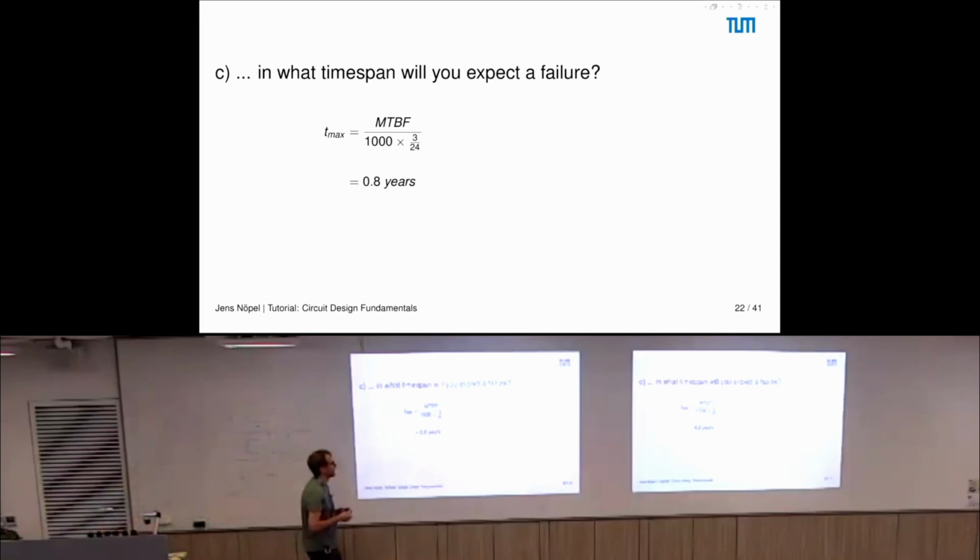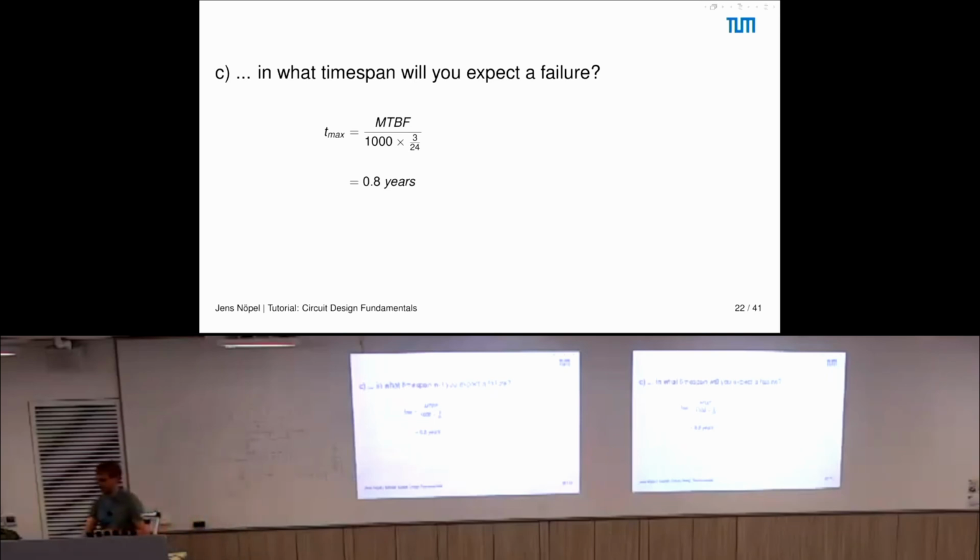So for the first calculation, we just choose 3 hours. So the effective working time of those 1,000 devices is 3 divided by 24. And so you just divide the mean time between failures also by that number. And then you come to 0.8 years.